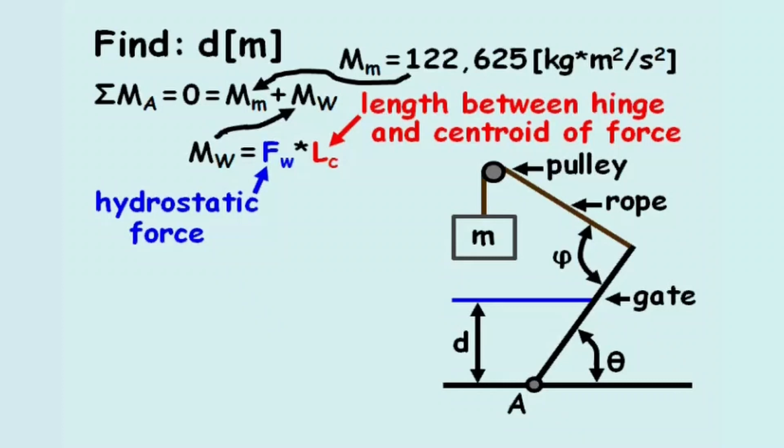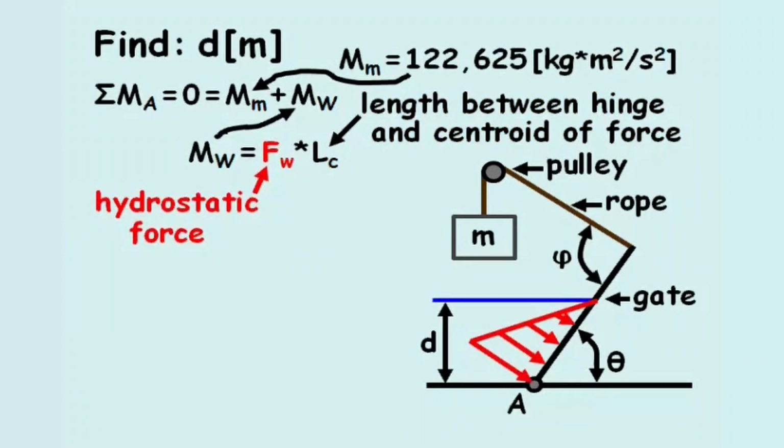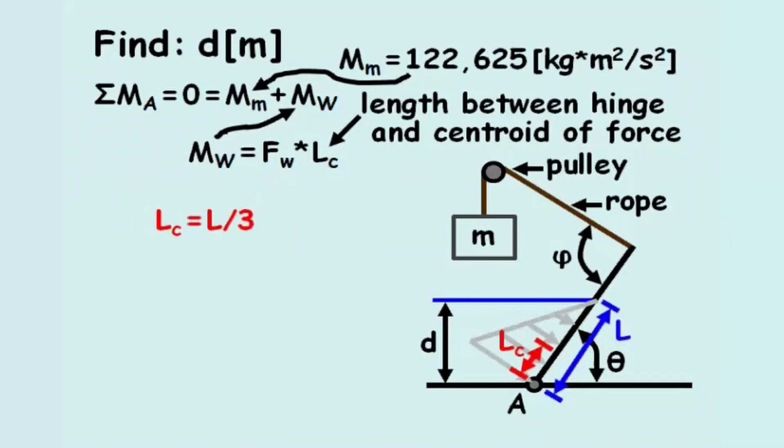If we sketch out the profile of the hydrostatic force along the gate, we notice this force acts normal to the gate, and the magnitude of the force increases linearly with depth. We'll define the length of the submerged portion of the gate with the variable L, which makes the length Lc equal to L divided by 3.